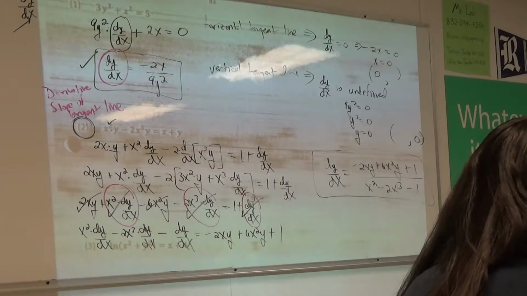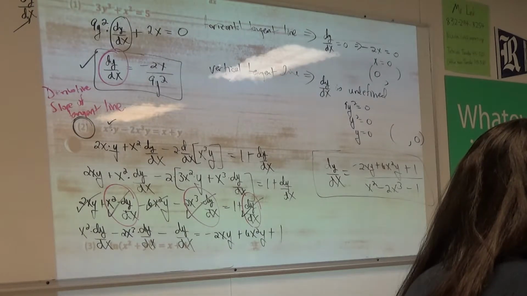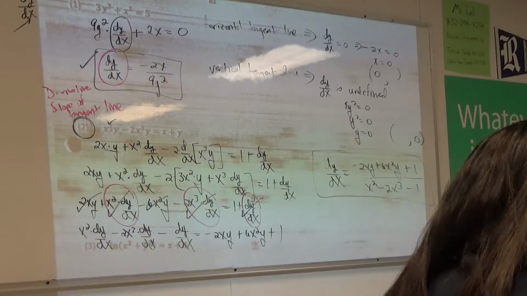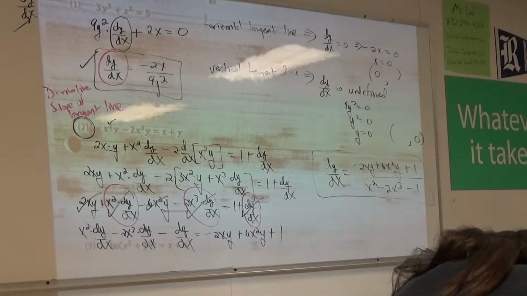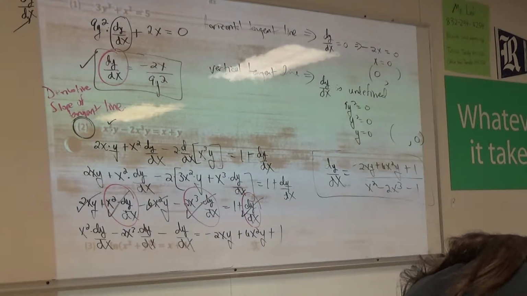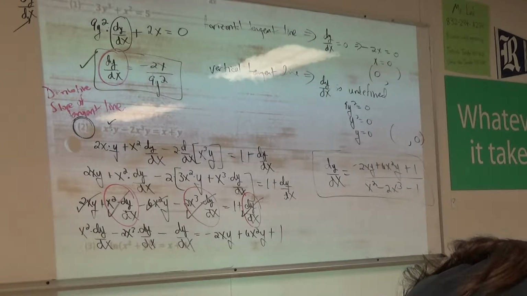Oh, hold on. Why did I do no? Because I subtracted my dy dx over here, so I did negative dy dx. And then I divided by 2x to get 2x on the other side. And then since it was just 6x squared, I don't know what I did.